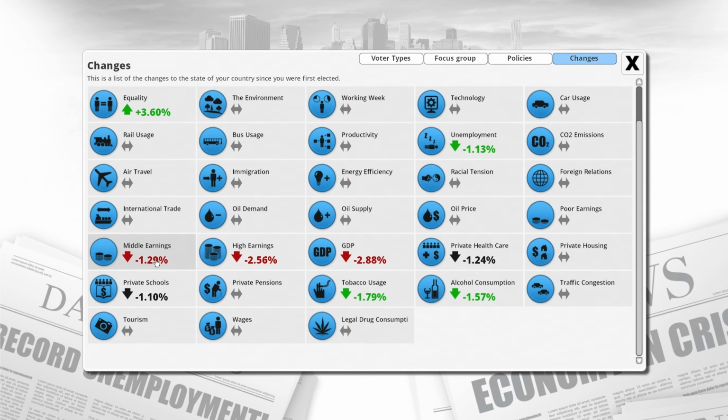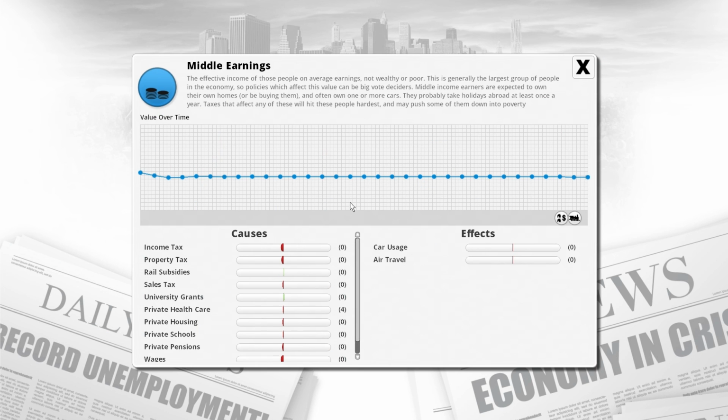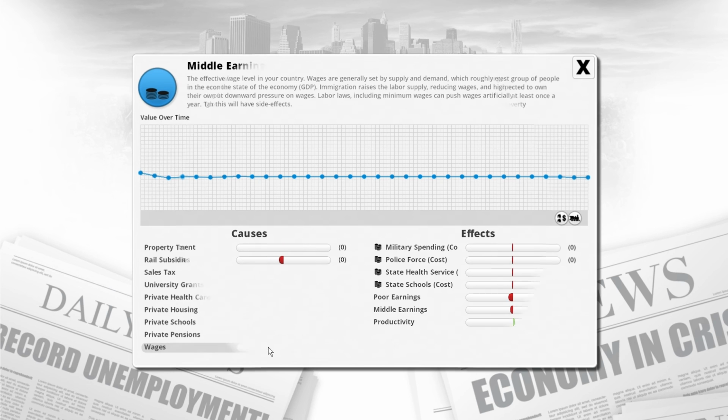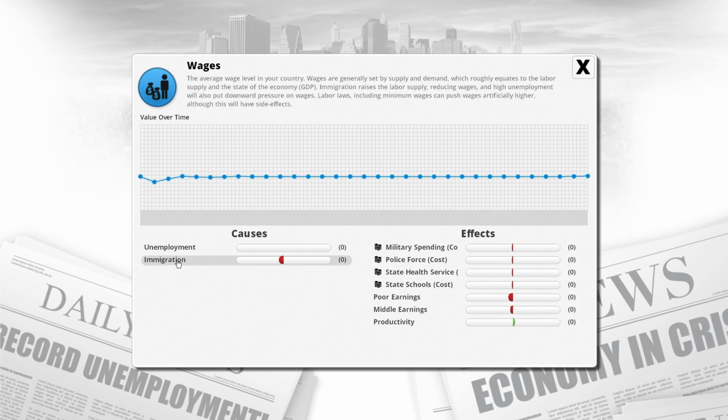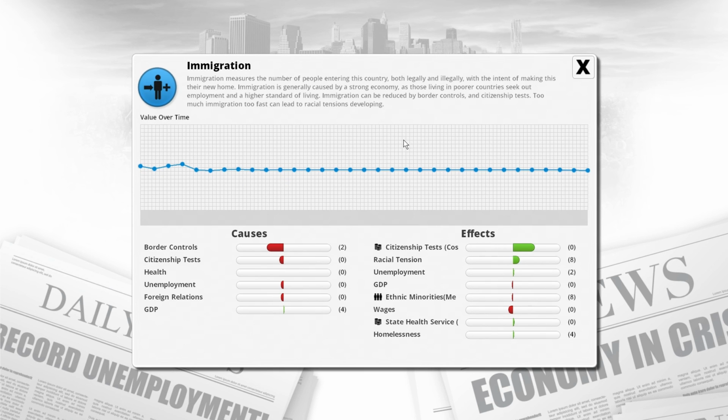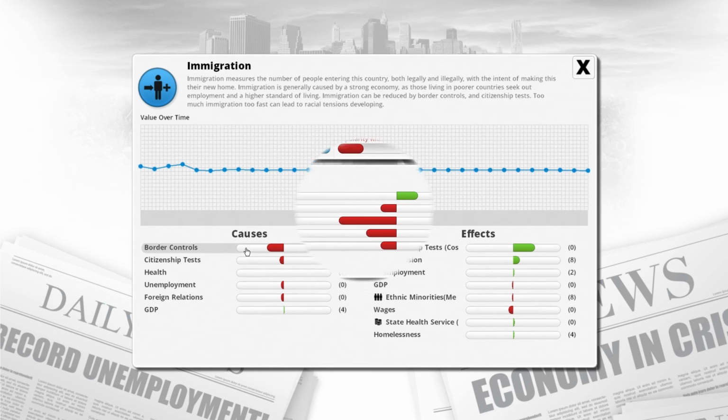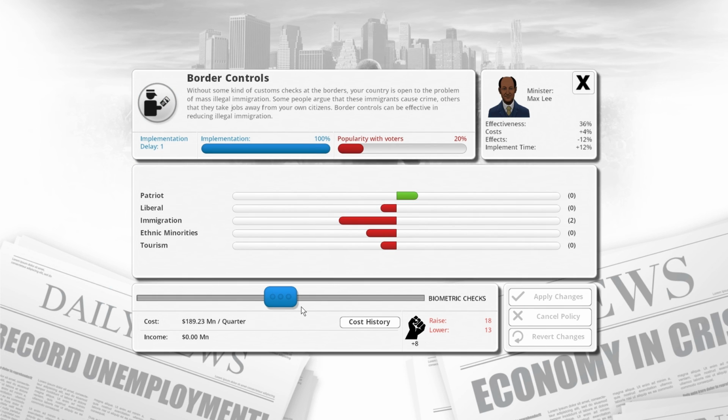And everything you can highlight like this, you can click on. And everything you can click on, you can drill down and even look at more. So immigration is causing wages to go down. So immigration is low because of border controls, citizenship tests. I can click on border controls, and I can affect this.